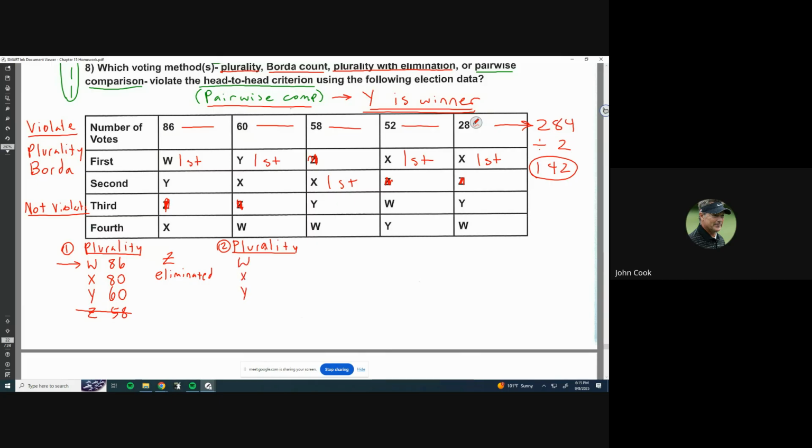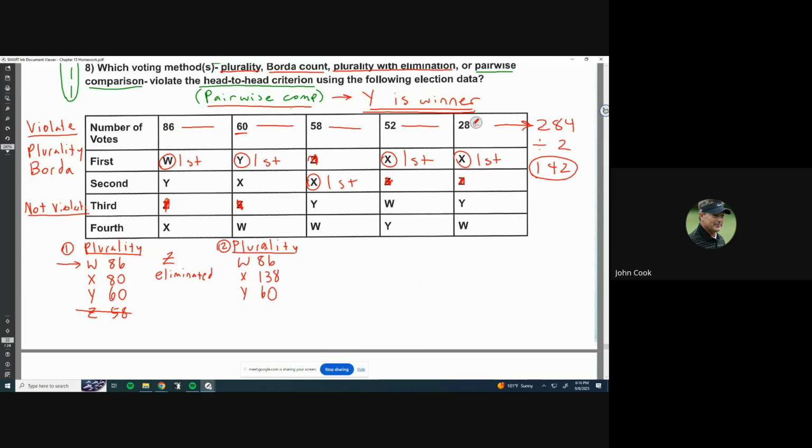So now we just have W, X, and Y. And let's see how many first place votes they have. So W has, it looks like it's just this one, 86 still. All right, and then X has first place votes here, here, and here. So if I add those up, 58 and 52 and 28, I get 138. And then Y is the last one. So Y gets just 60 again.